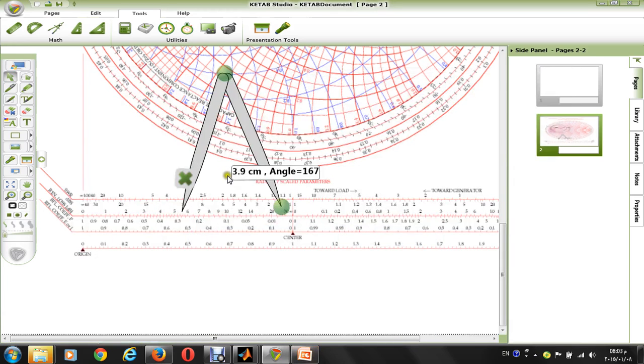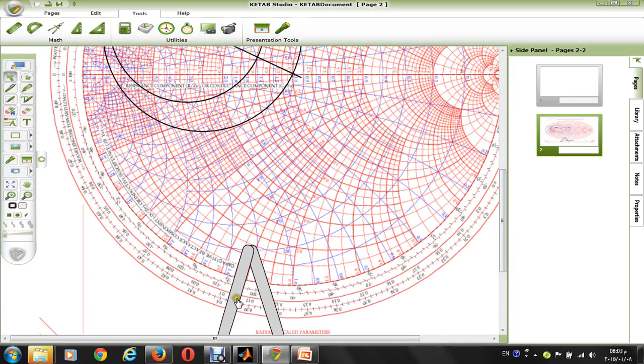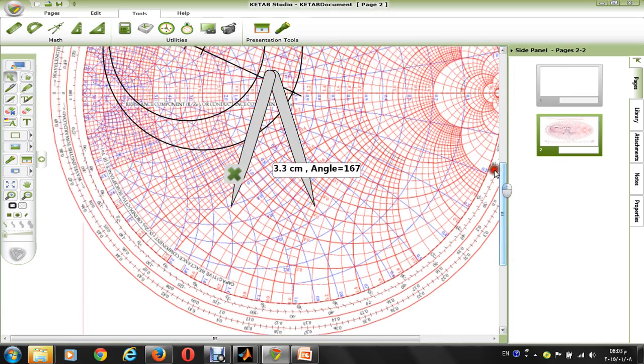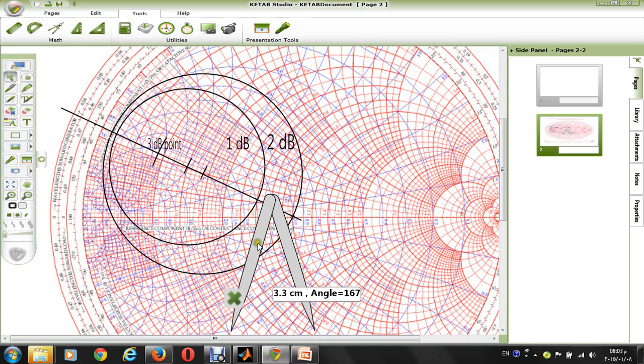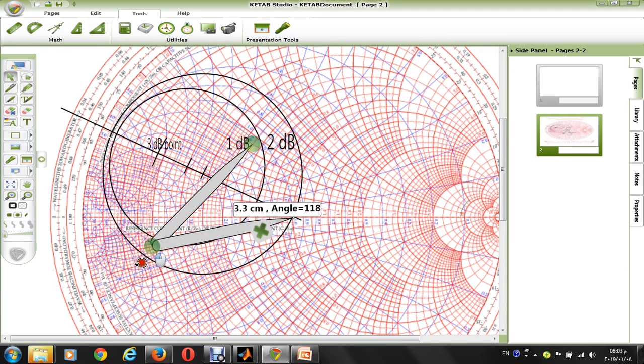It's 0.402, which means approximately 0.4. Like this, and I go to mark the center of the gain circle. I put it in the origin, go right here.